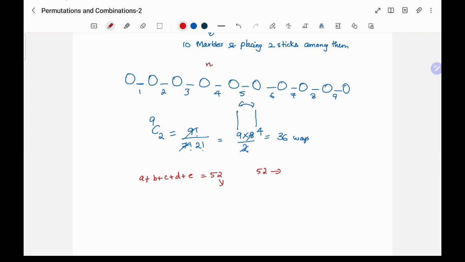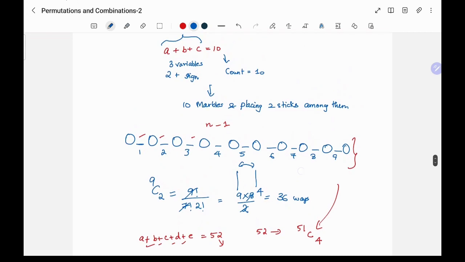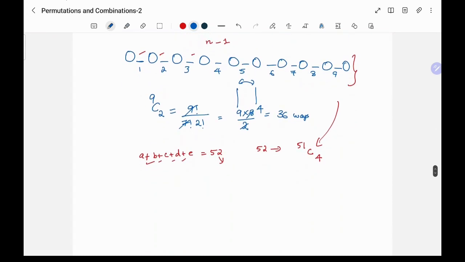If there are n marbles, the number of gaps will be n minus 1. So it will be 51C. And how many sticks? 1, 2, 3, 4, the number of plus signs. So 4 sticks. So if you visualize it this way, you can easily arrive at this. You needn't mug up this formula, right? So that is the main idea. Okay, so we'll move on to the next question.